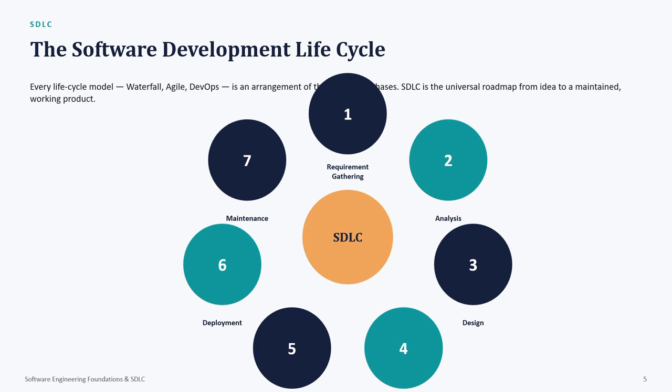We will see the fourth and fifth, what they are in this SDLC model. Fourth one is coding and fifth one is testing. So first is requirement gathering, second is analysis, third is design, fourth is coding and implementation, fifth is testing, then deployment, then maintenance. Here is the software development life cycle.